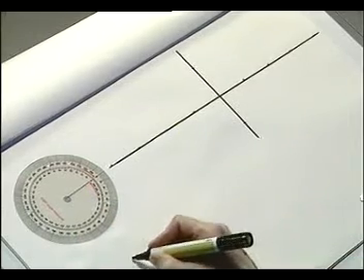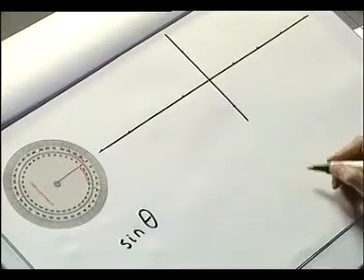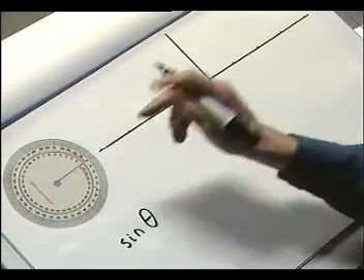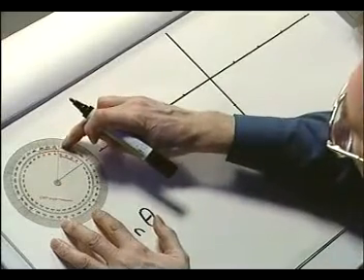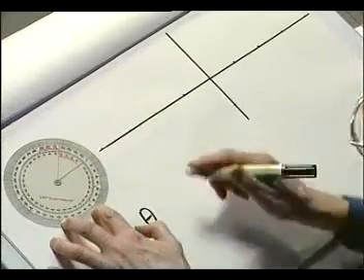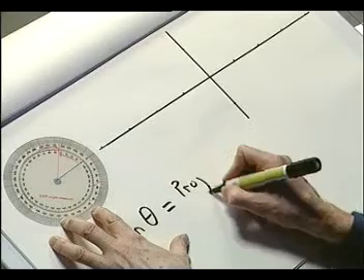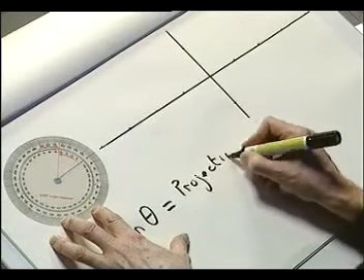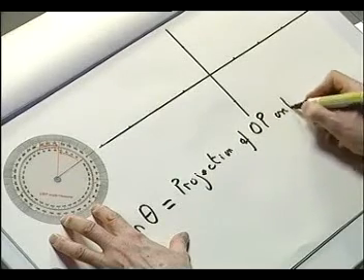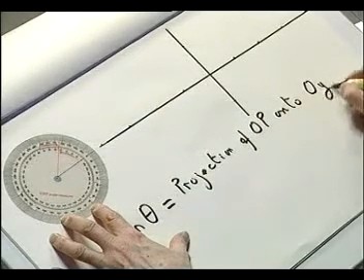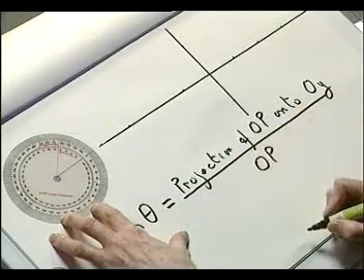So let's recall that sine theta, the angle that OP, there's O, there's P, makes with the x-axis, is defined to be the projection of OP onto OY divided by OP.